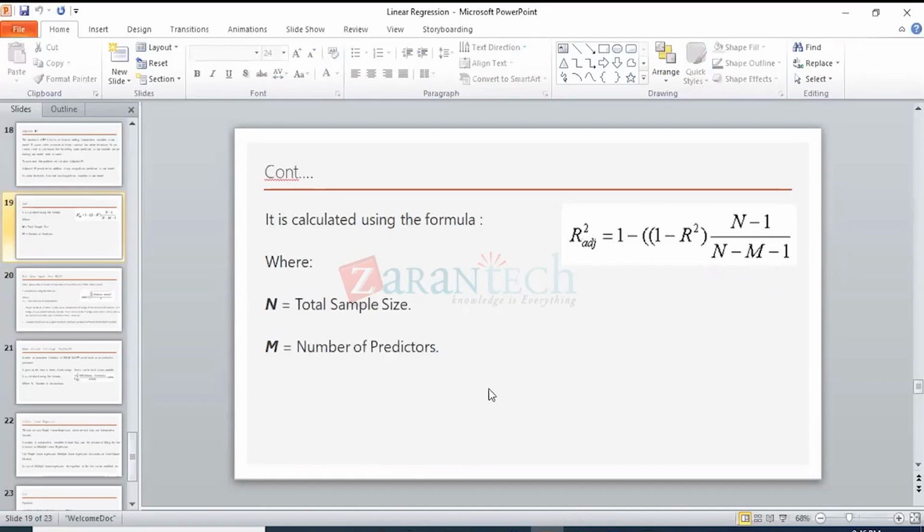Don't scratch your head around this formula, but just know how to interpret it, because that's what is important, not the math behind it. These are all ready-made values. You will get them whenever you build the model. There are so many tools to calculate it. You don't have to remember the formula and calculate the values. Almost all the tools will give you the values.